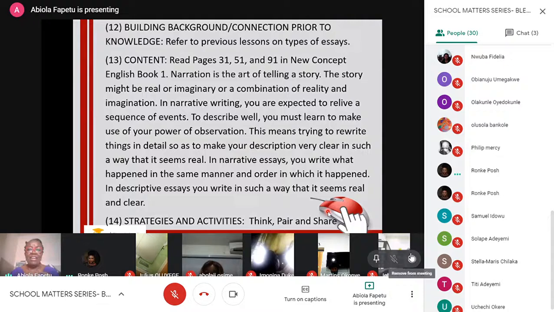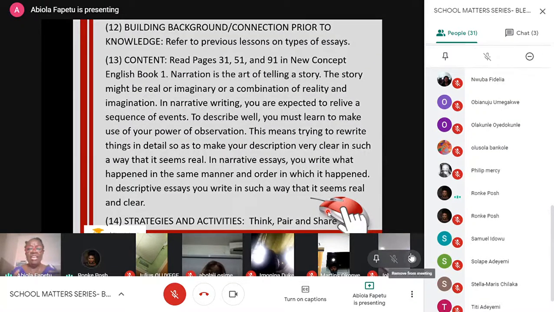Whereas we were referring back to what we had taught them before on narrative essays and descriptive essays, this one refers them to their previous lessons on types of essays. That is because it has been reposited somewhere for the students to be able to access it.